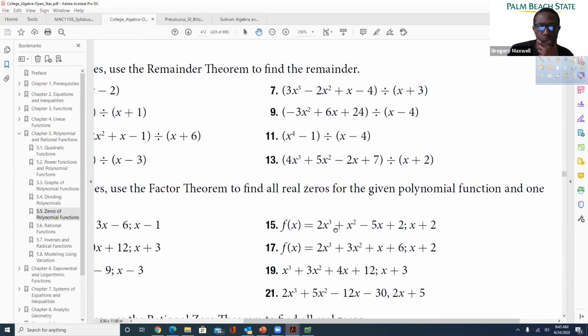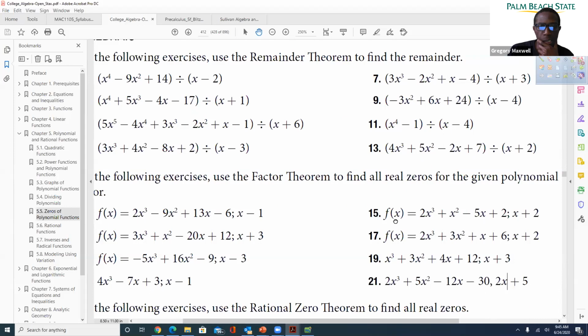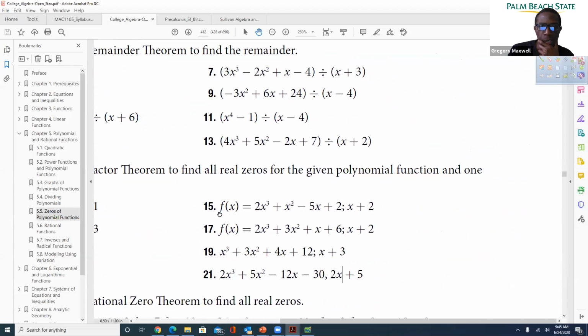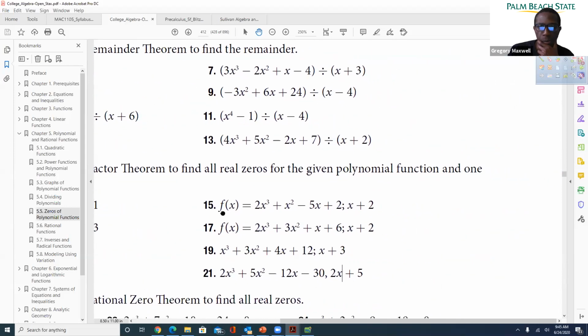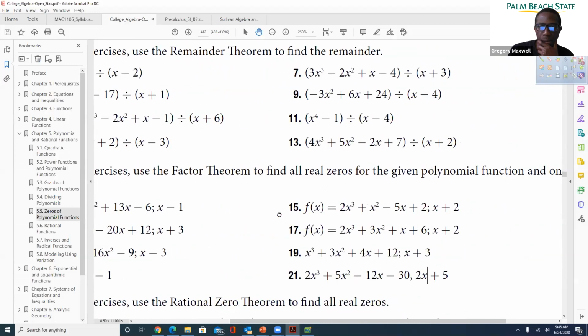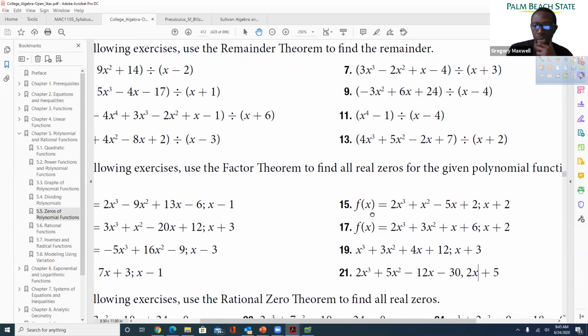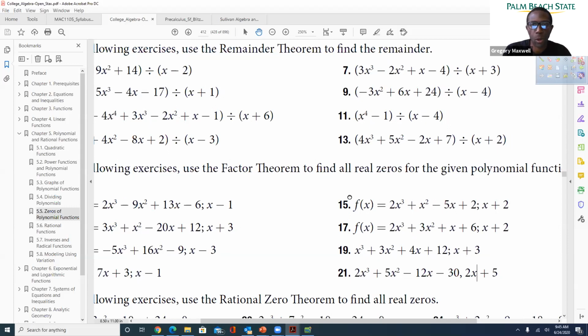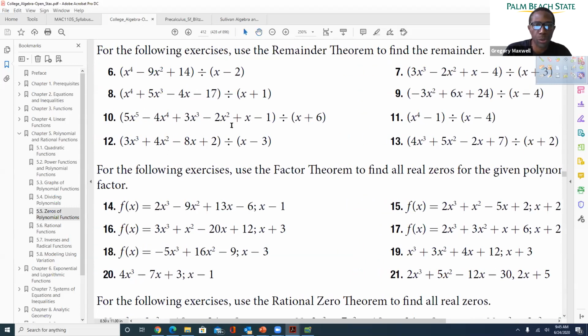Next set of questions says, for the following exercises, use the factor theorem to find all zeros for the given polynomial function and one factor. So they give you one factor and they want you to find all the other zeros.